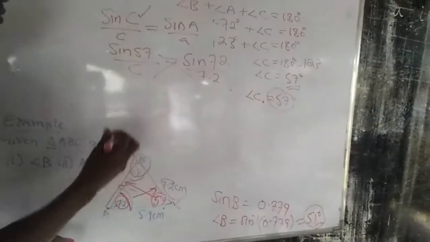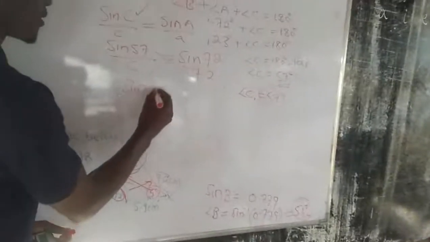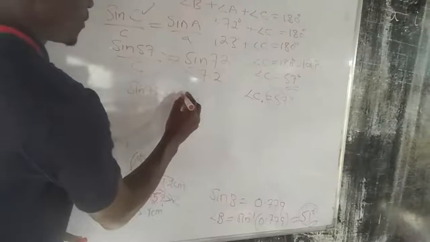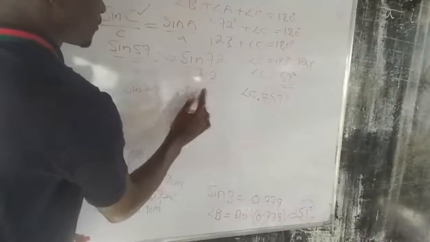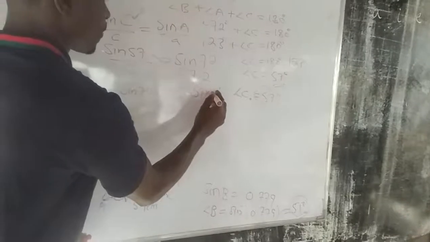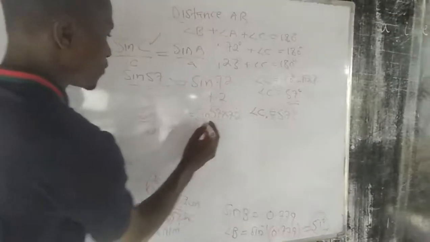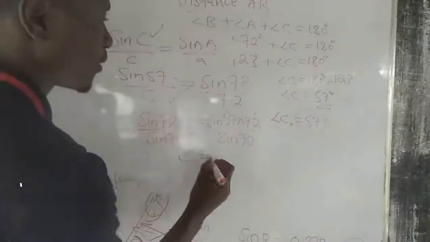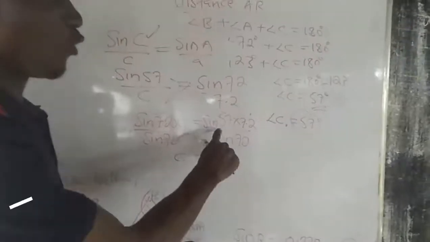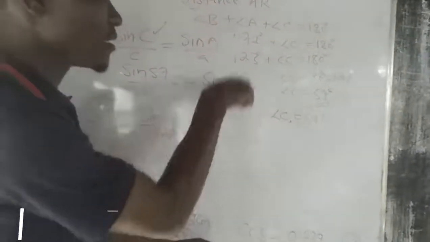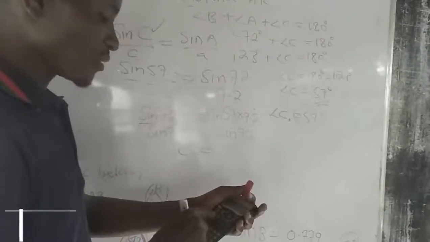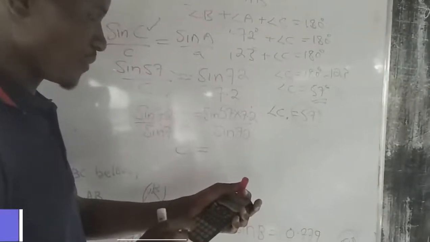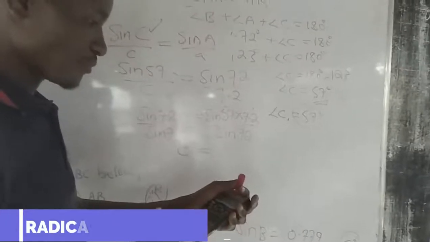So, kind of cross multiply. So it says sine 72 times C equals sine 57 times 7.2. You are looking for C, so you divide both sides by sine 72. Therefore, this and this cancel each other. Then you remain with that. Then just use the calculator. First of all, you start punching what is on the numerator. So sine 57 times 7.2, you get the answer.